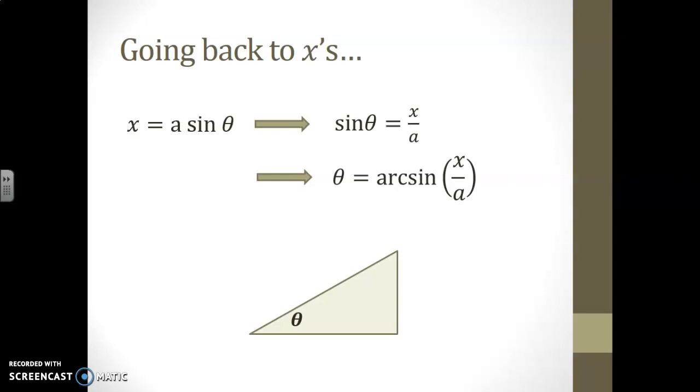Recall that a sine function involves the opposite and the hypotenuse sides, whose ratio by choosing x and a will be x over a. The third side is no longer up to us and is the result of Pythagoras. We will usually draw this triangle to ensure we can go back to x's by connecting theta and x in most of our steps.